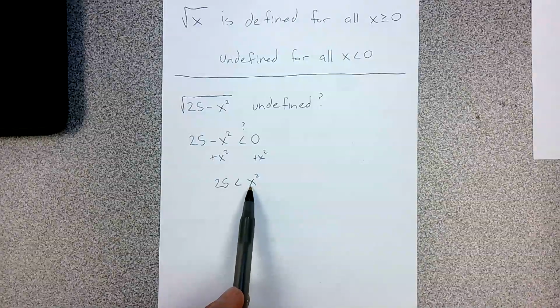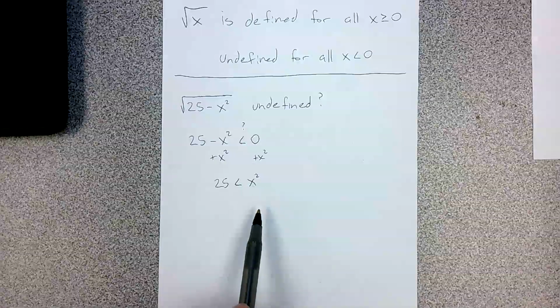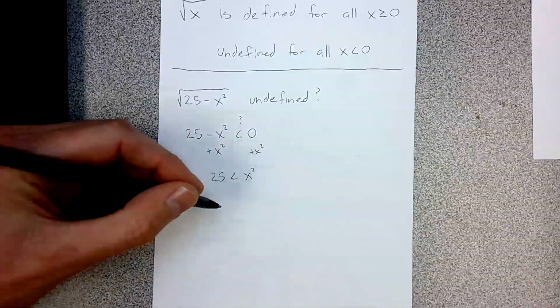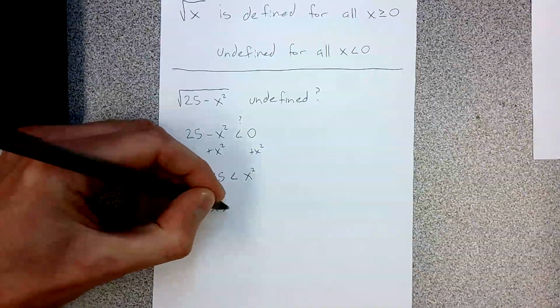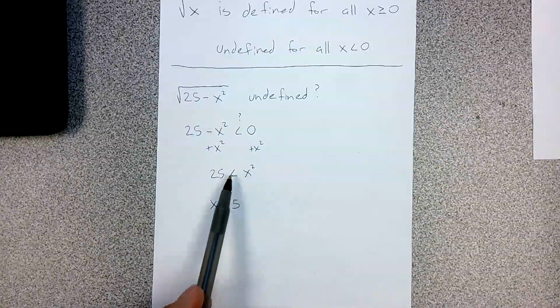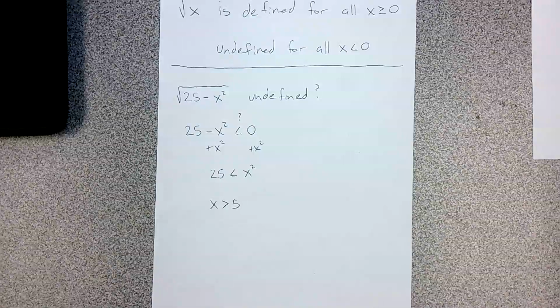So 6 squared is 36, that's bigger than 25. 7 squared is 49, that's bigger than 25. In fact, even 5.1 times 5.1 is going to be a little bit bigger than 25. So any numbers that are bigger than 5, 5.1, 6, 7, 8, 9, etc., will all square to be larger than 25. So that works.